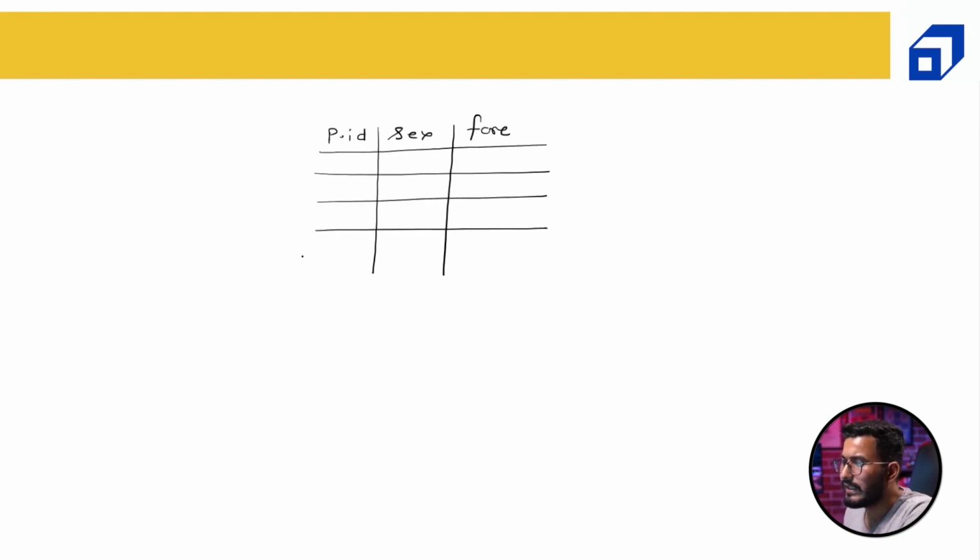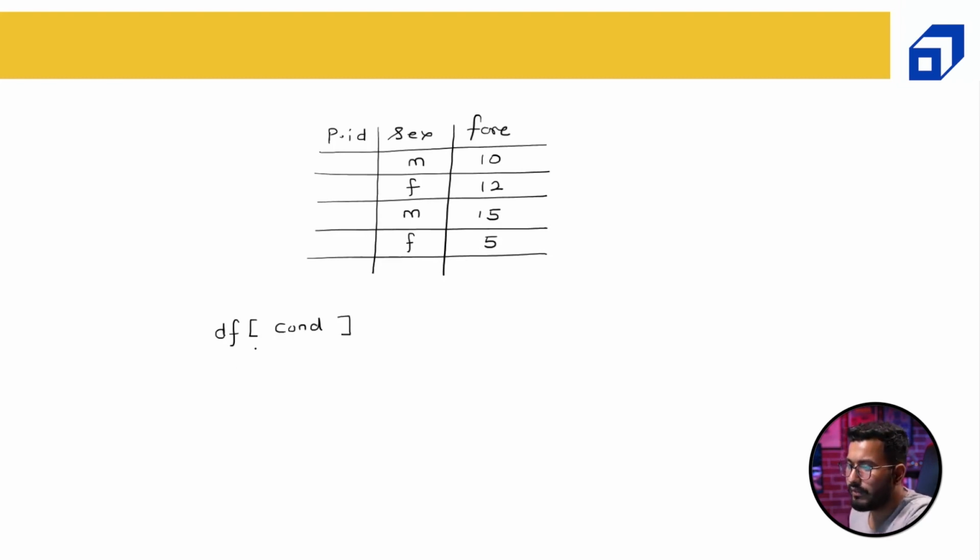This data frame is having values like male, female, male, female, and fare is like 10, 12, 15, 5. Now if I have to filter on one condition, it will be data frame square bracket condition. This is the general code block to write one filter.